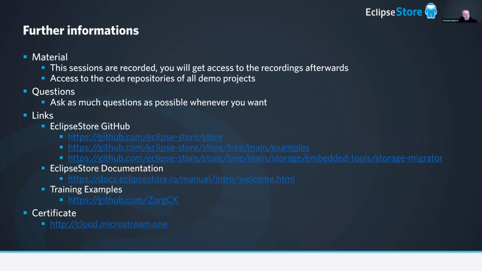Just register with the same email address you used for this training. If there are any problems with the certificate, write me a short email and I can have a look into this. You get the certificate when you join the MicroStream cloud application.